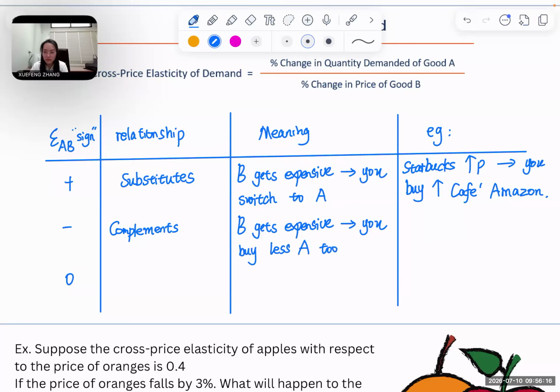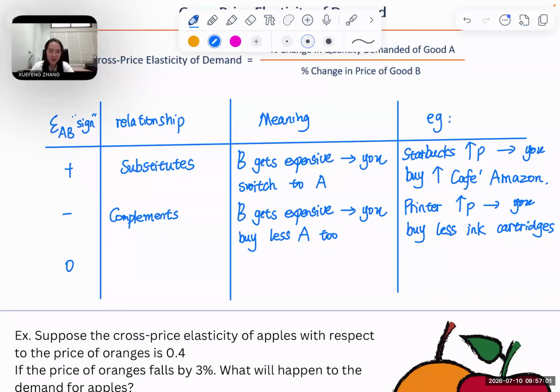Like the printer: suppose the printer price goes up, so you're going to buy less ink cartridge. So basically the printer and the ink cartridge are complements.